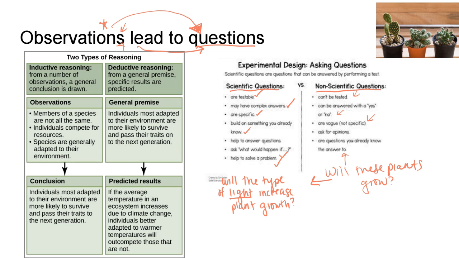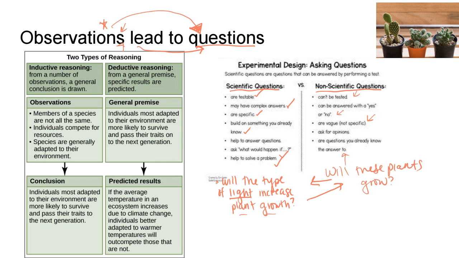Will the amount of water, will the type of plant grow differently in different places. So you keep it specific. And yes, we're still going to be able to answer, will these plants grow? But we're going to build specific pieces of evidence with these specific questions that we can put together to answer a bigger question.